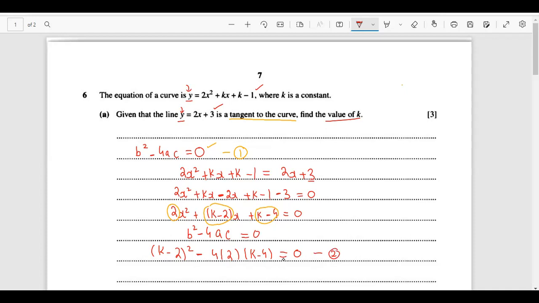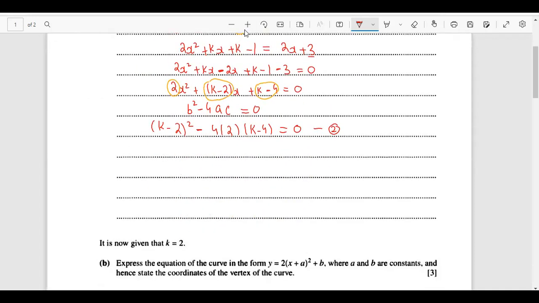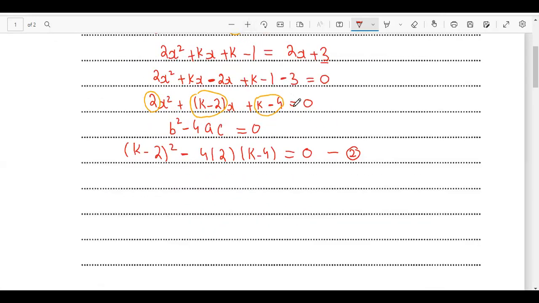So k is the only unknown variable in this equation, and I know how to find its value very easily. So let's find the value of k. I can write it as k minus 2 whole squared minus 8 into k minus 4 equals 0.